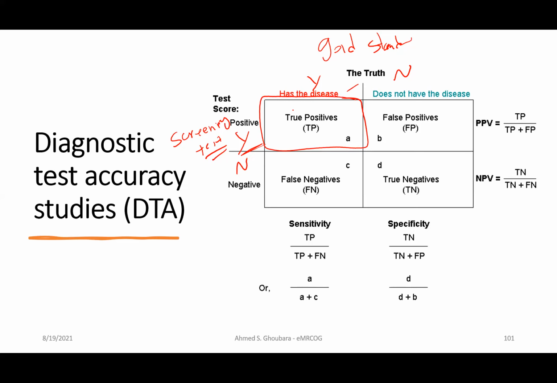So the ultrasound was accurate in detecting cancer for those with a cutoff above 4 millimeters. This is true positive screening and positive histopathology.